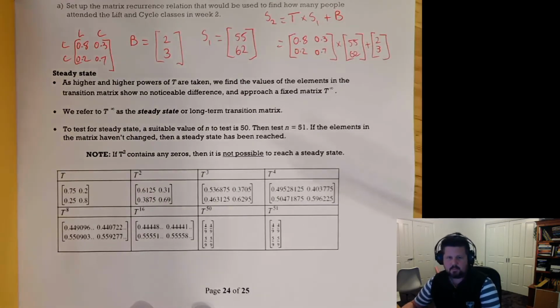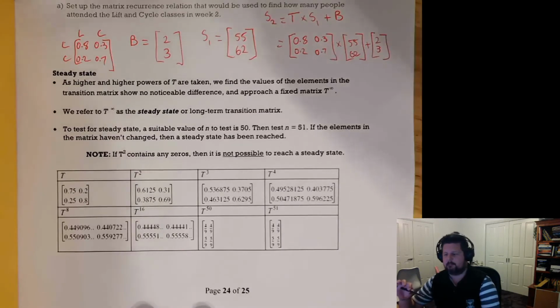Now, if you are asked to test for a steady state, what you need to do is find where that matrix values start to stay the same. And so for the sake of this particular exercise, probably choosing a value of 50 would be a suitable value of n.